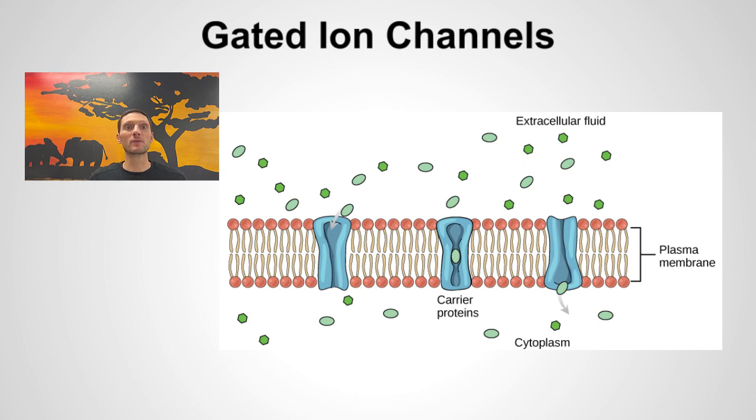It happens through facilitated diffusion because there's a protein enabling the ions to move. Those proteins can open or close, essentially turning on or off at specific times. The channels themselves must be specific. For example, sodium channels only allow sodium, but not the larger potassium ions, to pass across.